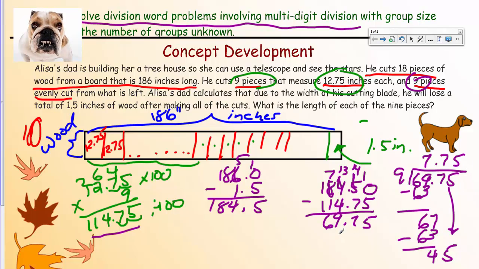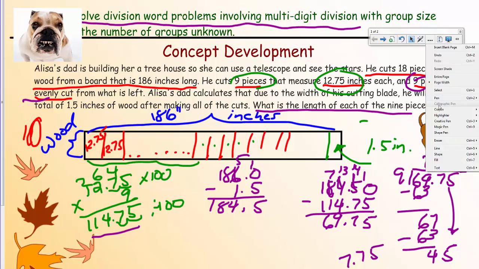Look, we have 7.75. So basically, what were they asking us? Well, it said, what is the length of each of the 9 pieces? Those 9 pieces are what we didn't know. So we get 7.75.